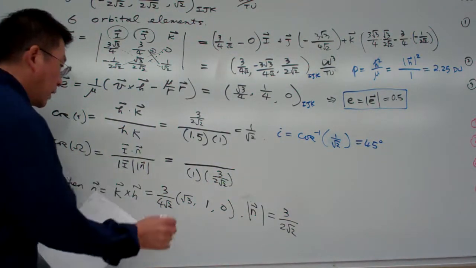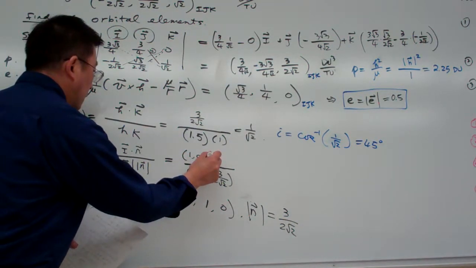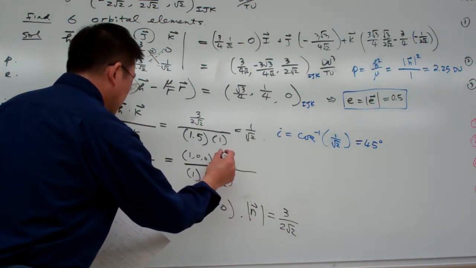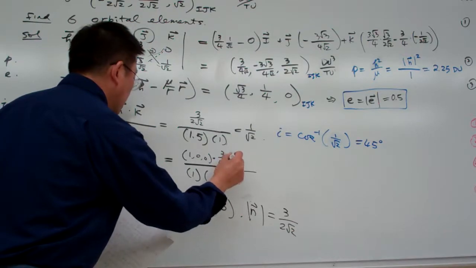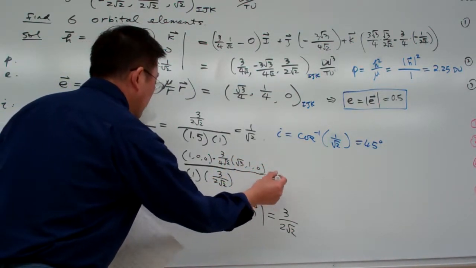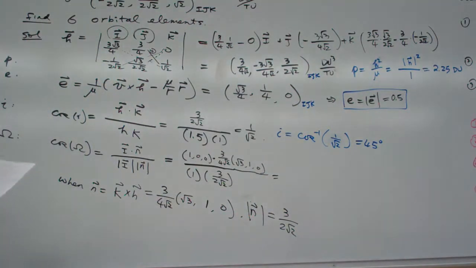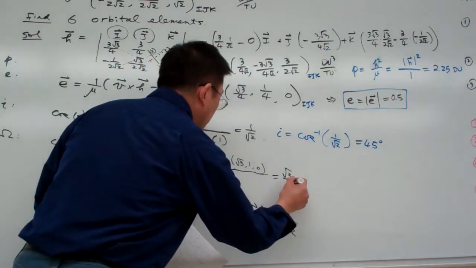And I dot n, I is 1, 0, 0, and n vector is 3, 4 square 2, square 3, 1, 0. Okay, I simply implement the whole calculation. So that one is square 3 over 2.